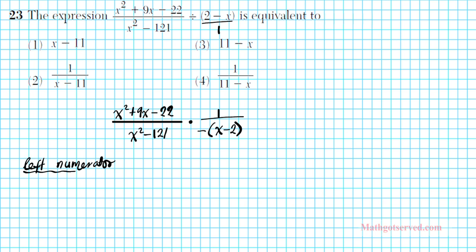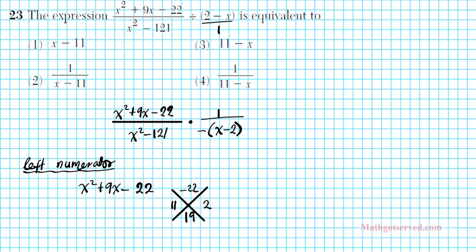Left numerator is x squared plus 9x minus 22. Let's factor this using the x game. So AC goes on the top. AC is negative 22. B is 19. So what works here? 11 times 2 works. Let's see.